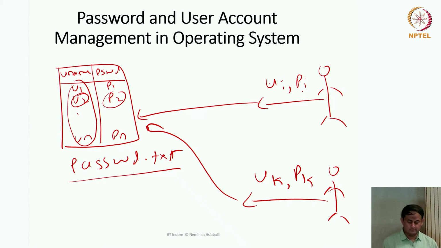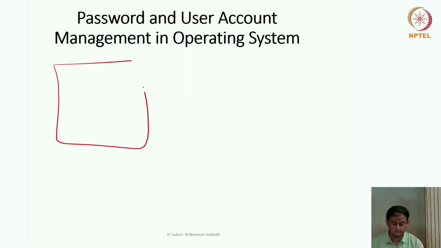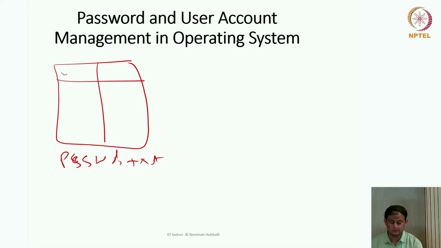Now, if this is not a good way, what is the other way we can think of? The second thing you can think of is, let's say I have the same password.txt file with two things: the username and the password.